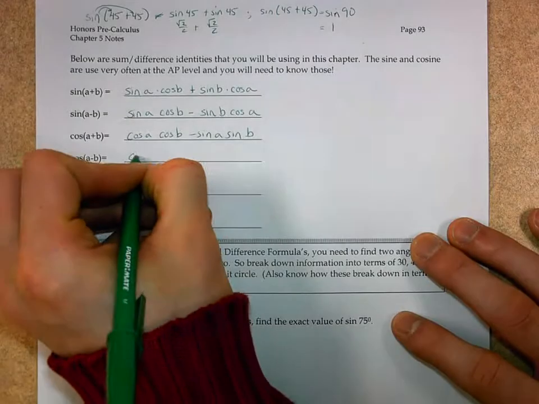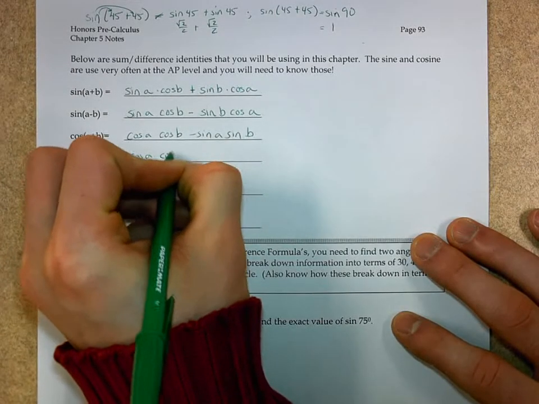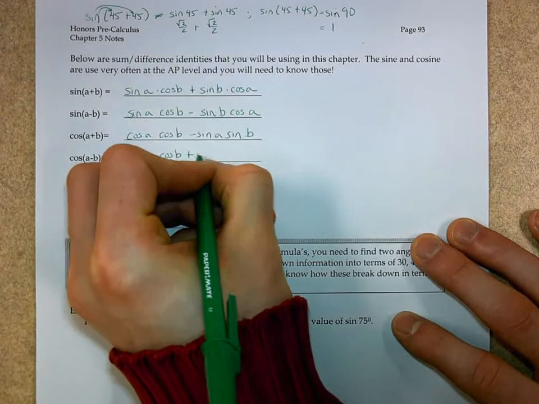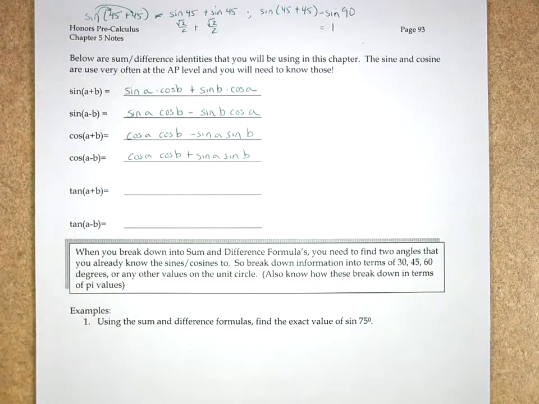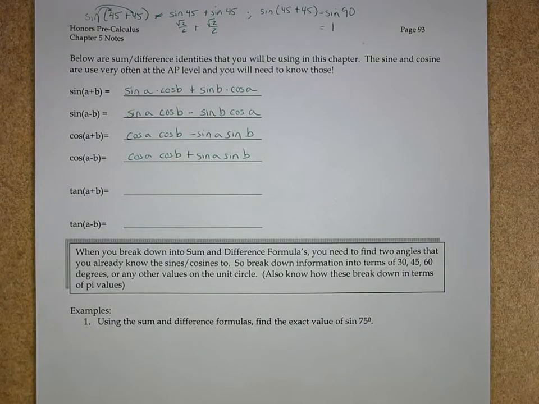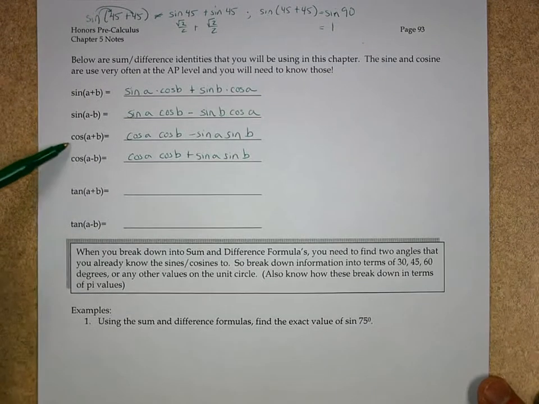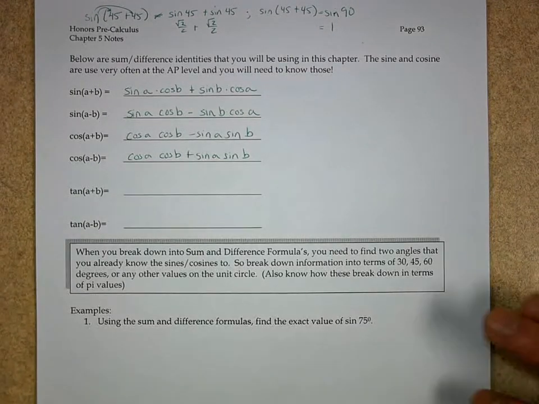Cosine of a minus b then, same idea, cosine of a cosine of b, but this time we're going to add the sine of a and the sine of b. The last one then, tangent of a plus b. We know tangent is sine divided by cosine. So I'm going to take the sine of a plus b and divide it by the cosine of a plus b formula.